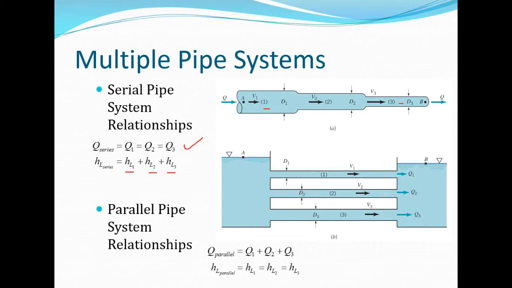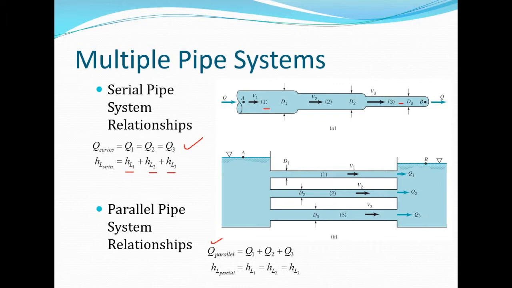Now in parallel, it's a little bit different. You have to think of the continuity as well. So you get 3 flows going through the pipes and they have to equal the total flow. Obviously that's a continuity sort of thing. And then the head loss is the key here: the head loss in parallel is going to equal any one of the head losses.